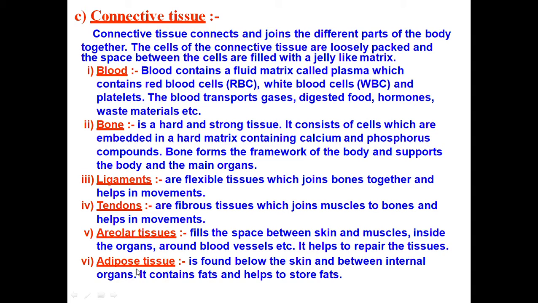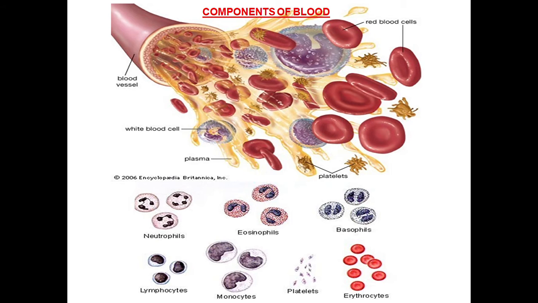Next is adipose tissue. It is found below the skin and around the internal organs. The main function of adipose tissue is that it helps in storage of fats under the skin, and it also acts as an insulator over our skin.